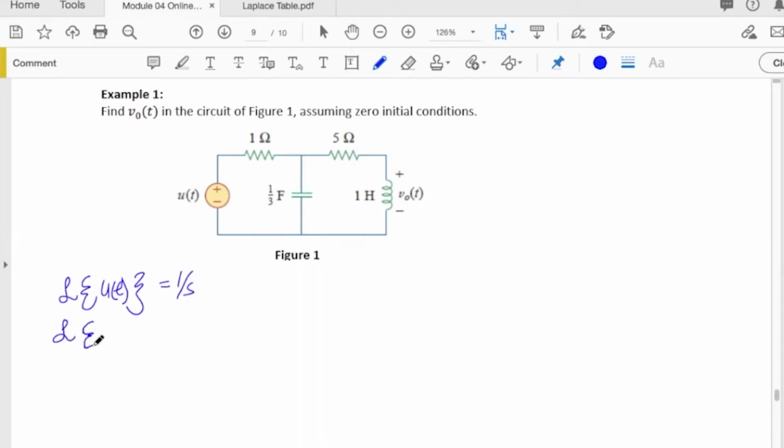For the capacitor, we have 1 over 3 farad.